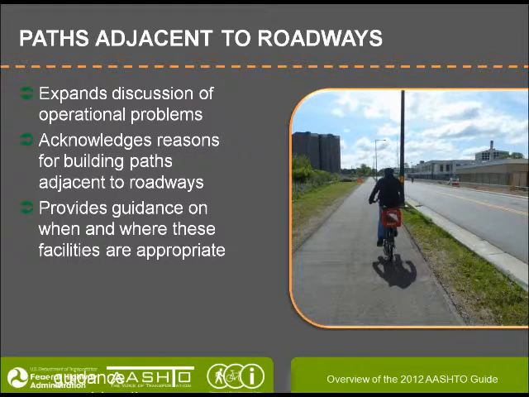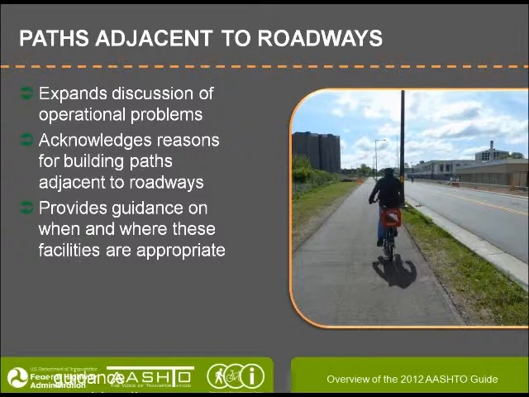So paths adjacent to roadways, this is another area of change for the 2012 AASHTO Guide. And just to give you a little background, state and local departments of transportation have been building paths adjacent to roads for many years. And many of these miles are in suburban areas where intersections and driveways are ubiquitous.